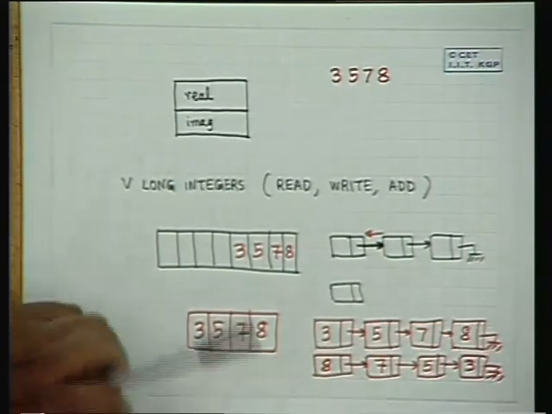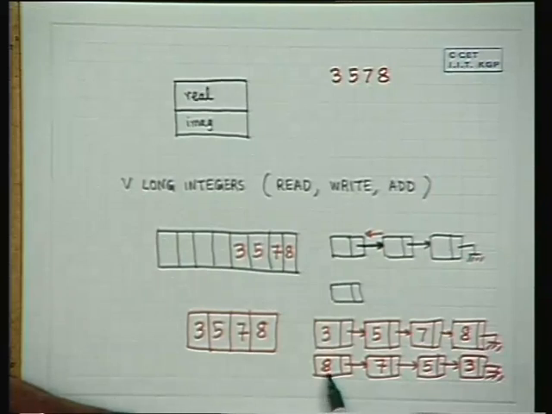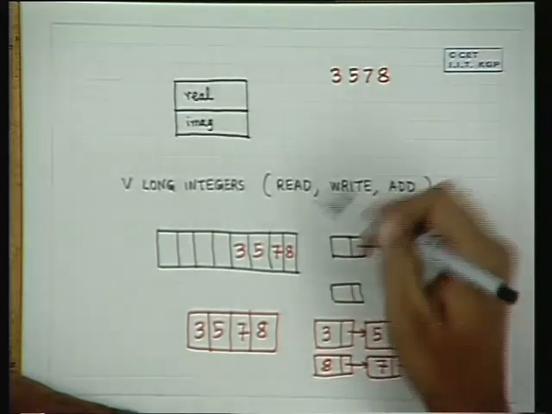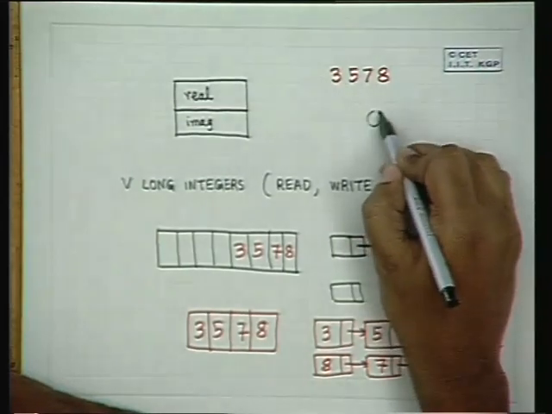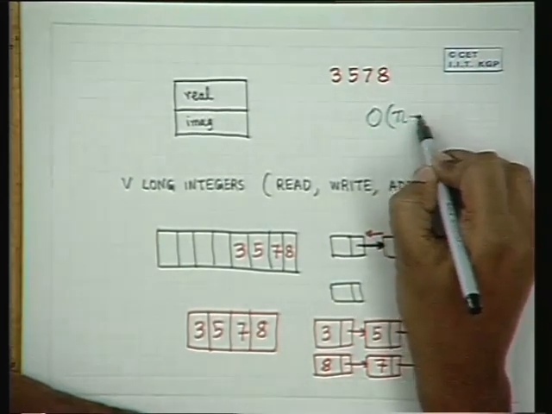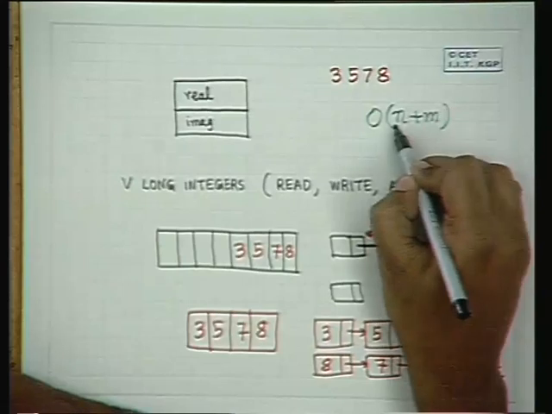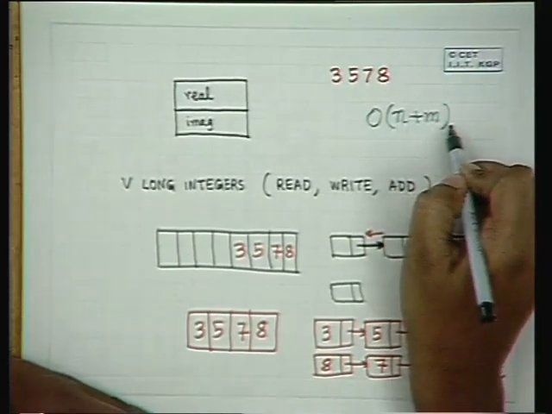And your addition operation, which normally you would have done by adding these two and moving here, adding these two and moving here, adding these two and moving here. So very quickly, if you analyze, if you store it in the second form, your addition operation will be order n plus m, where n is the size of one number and m is the size of the other.